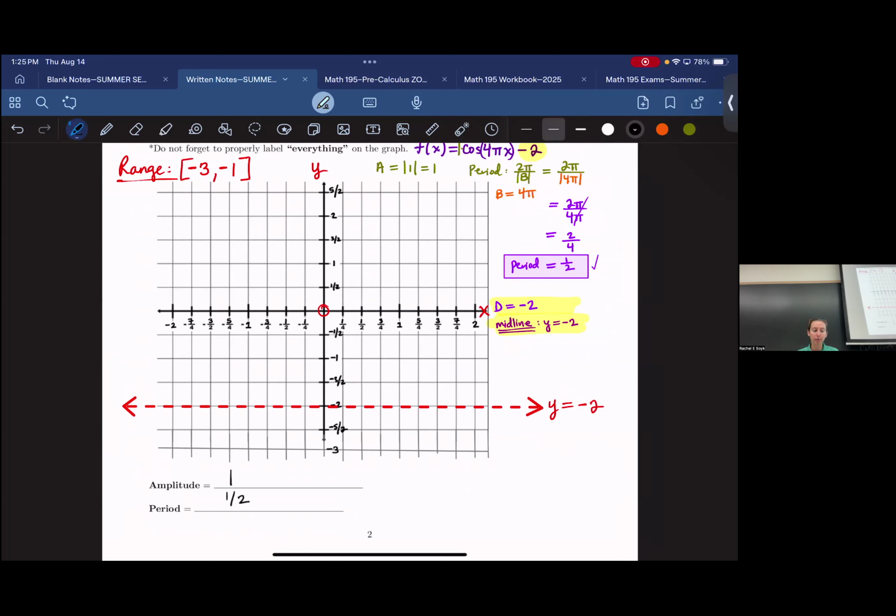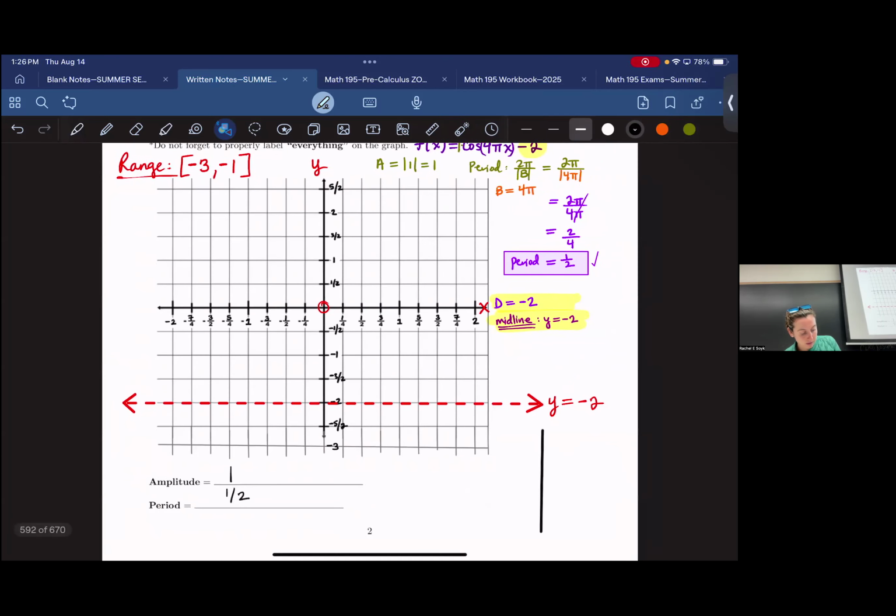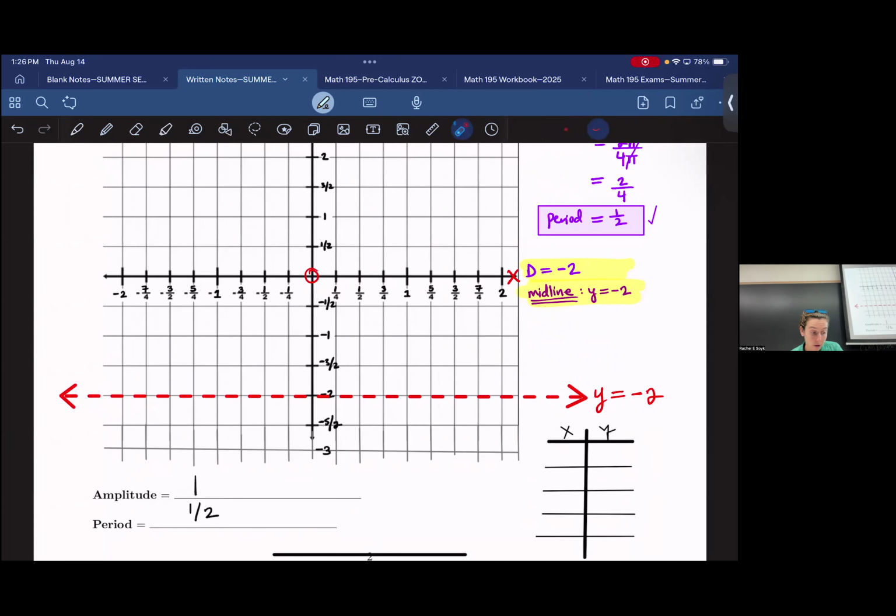Now let's graph it out. Let's choose some really good points so that we can create our sketch of this graph. And so again, keep in mind that our period, our full cycle, happens every half interval. So what are some good points that we should probably choose? We should choose 0.